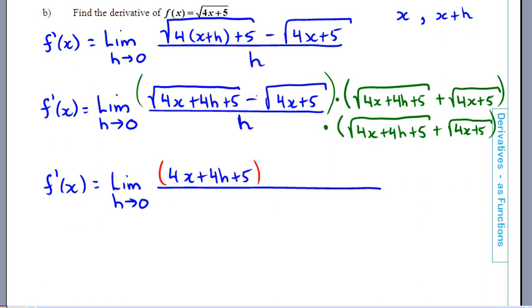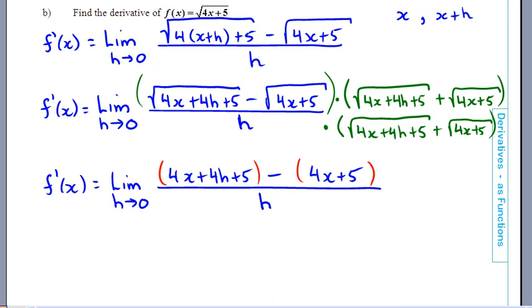Then the outsides and insides cancel, right? That cancels with that, so we don't even have to worry about it. And then the lasts, when those last two roots multiply together, we're going to have subtract, and here comes what you have with the lasts. Just simply 4x plus 5. All sitting on top of an h.